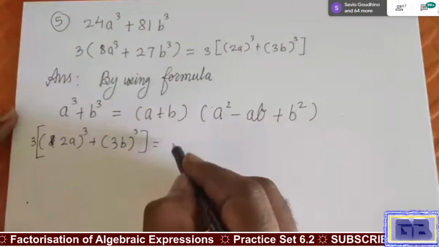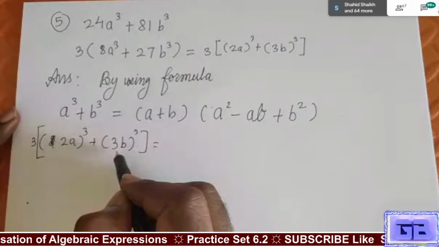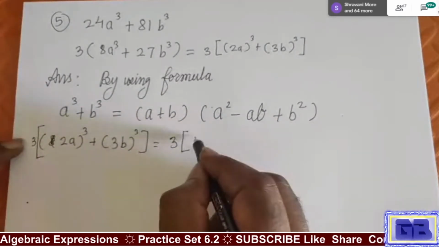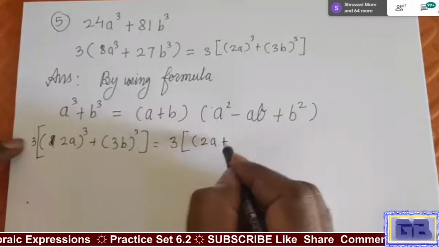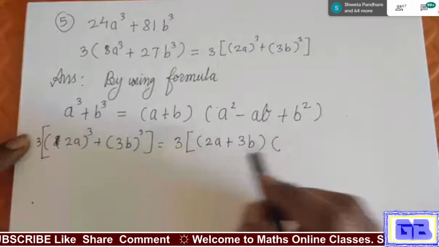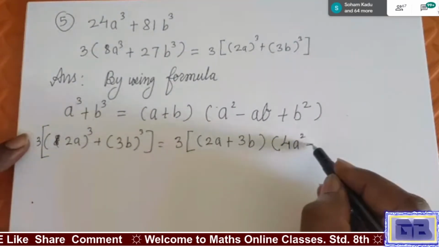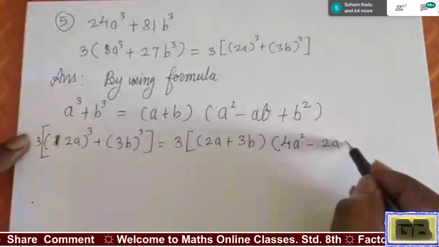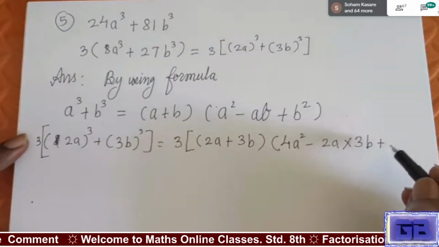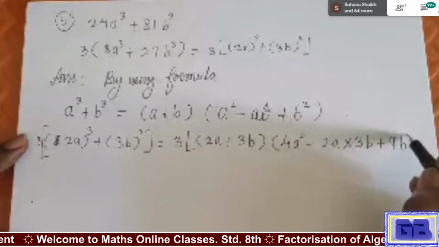Write down, a means 2a, b equals 3b. 3 we will write down as it is. In the first bracket, 2a plus 3b. a square means 2a square, that is 4a square, minus 2a into 3b, plus square of 3b is 9b square.